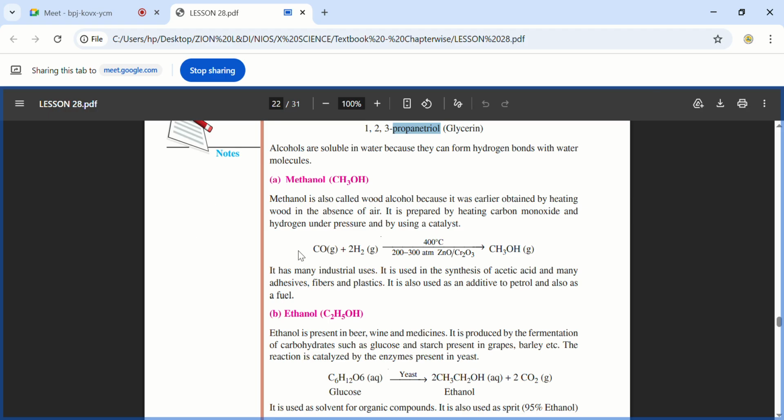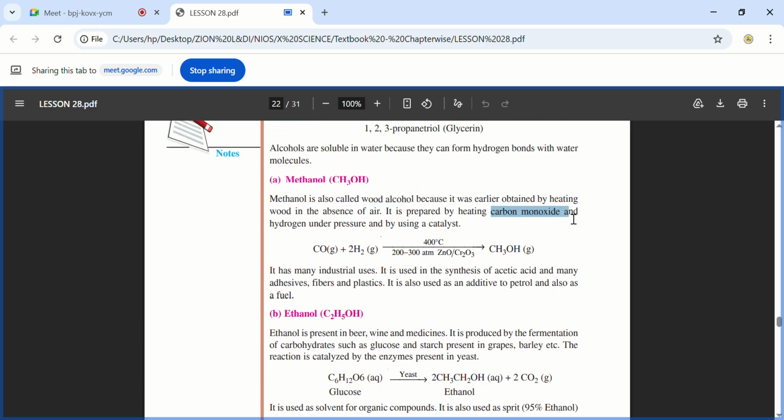So, the first compound of the alcohols is methanol. Underline this. It is also called wood alcohol. If they ask you why methanol is called wood alcohol, it is because for the very first time wood was burnt in the absence of oxygen, which produced the alcohol, methanol. Is it clear? Yes, ma'am. Now it is also prepared by what?